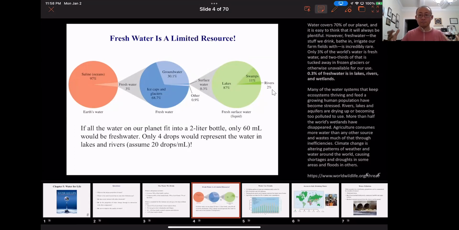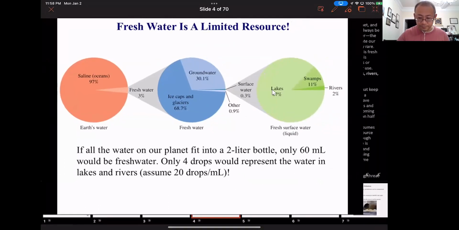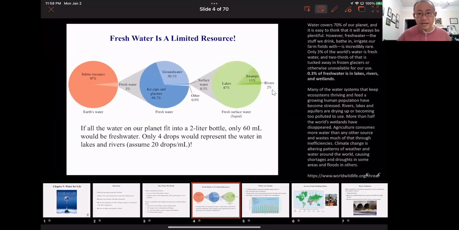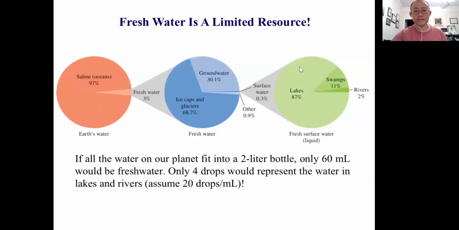Now, even though our planet Earth is covered 70% by water, 97% of the water is seawater. Sorry, give me 1 second. Okay, 97% of water is seawater, and 3% of water is fresh water that we can use.